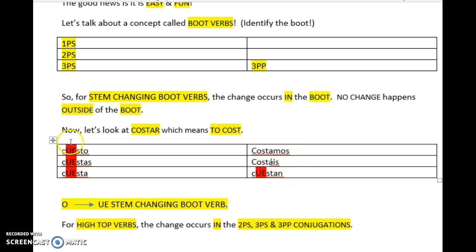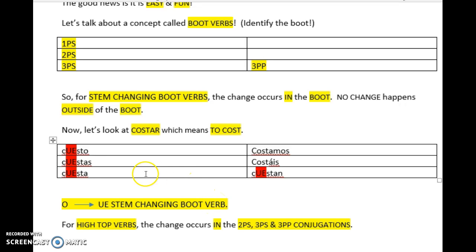I have highlighted the UEs in the first, second, and third person singular and third person plural because they have changed inside the boot. So the purpose of a stem changer is that your O, or your changing letter in your stem, will change to a different letter. We can say that costar is called an O to UE stem-changing boot verb.